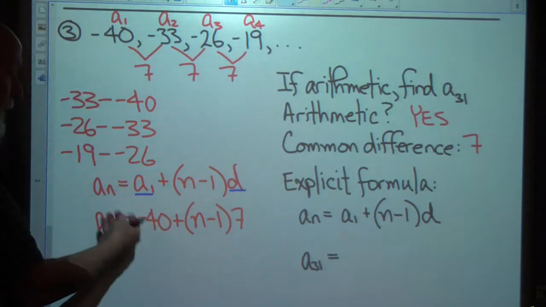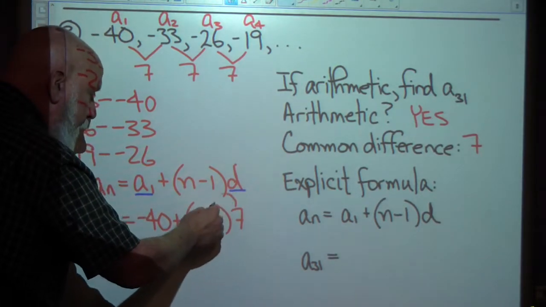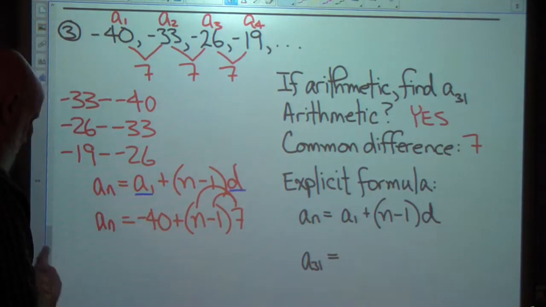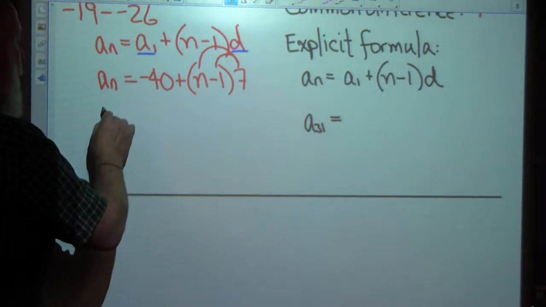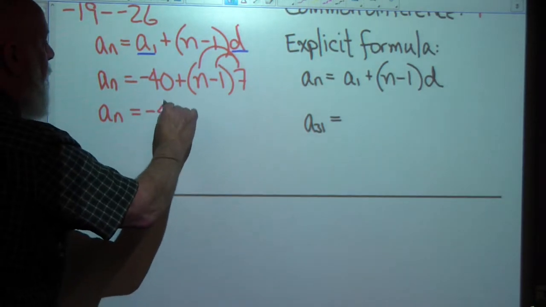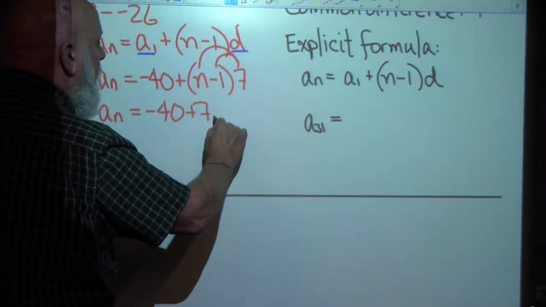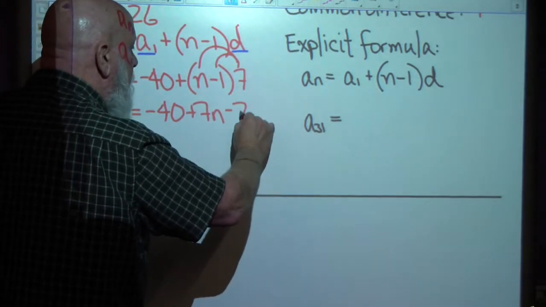So now to simplify this and put it in the simplest form, I'm going to open these parentheses and combine like terms. Let me scroll this down just a little bit. There we go. A sub n is equal to negative 40 plus 7n minus 7. 7 times negative 1 is negative 7.